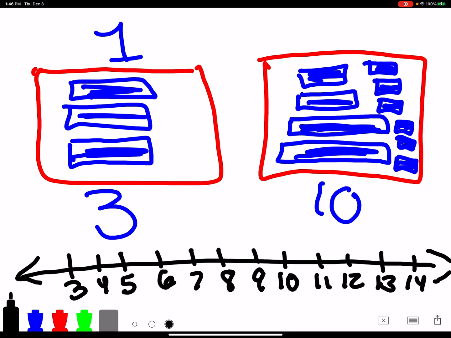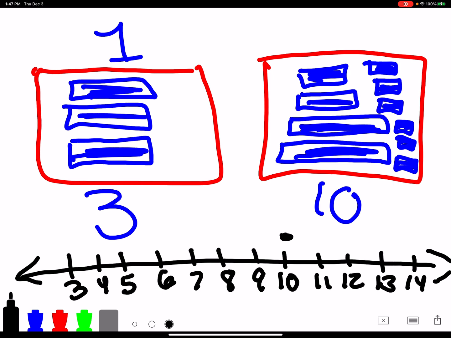So in this problem, we have add-ins 3 and 10. I like to put the dot on the biggest add-in, further away from 0, because it's less counting work for me to do. If we put our dot on 3, we have to move on the number line 10 times. I'd rather move 3 times because it'll be quicker. So I put my dot on the 10.